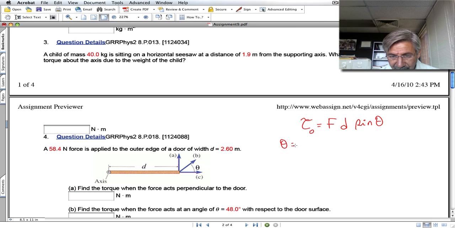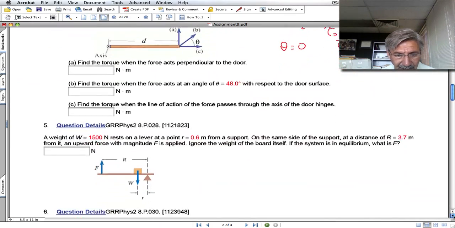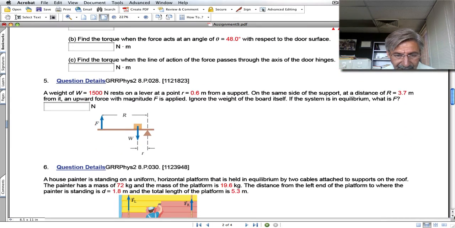So if they are perpendicular, like in problem number 3 or in problem 4a, then the torque is nothing more than the product of the force times the distance. If they are parallel, then the torque is always 0. And in part B, there is a case in between in which you have to consider the sine of the angle.